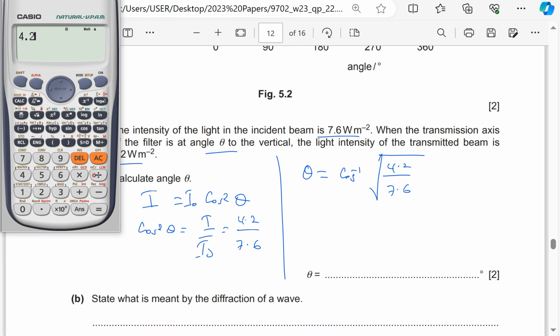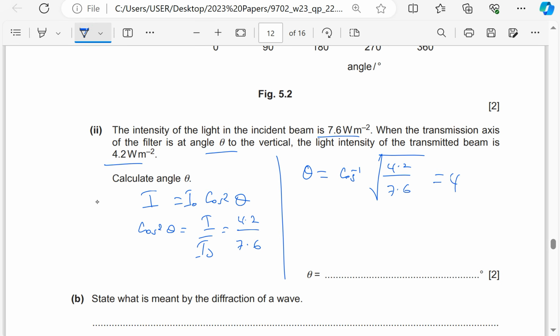So 4.2 divided by 7.6, then you find the square root of the answer, then you find the cos inverse of the answer, which is 41.98 degrees, or approximately you can write 42.